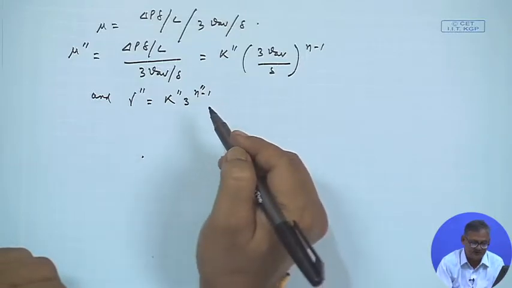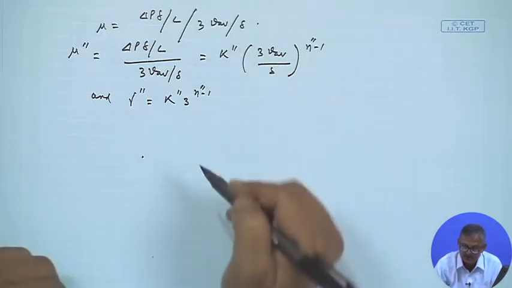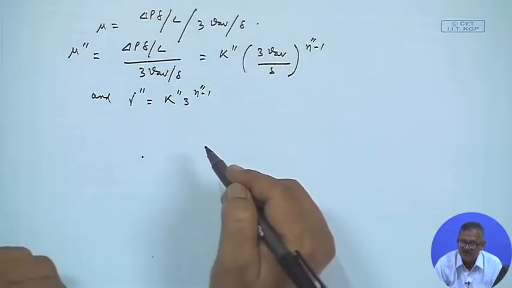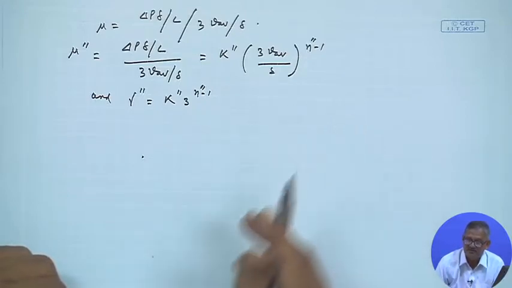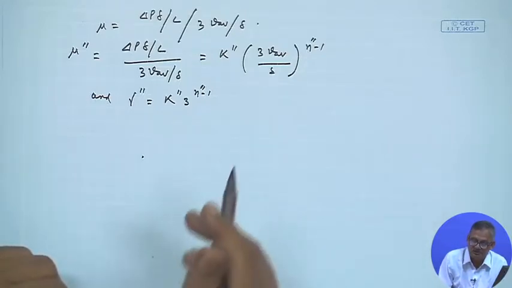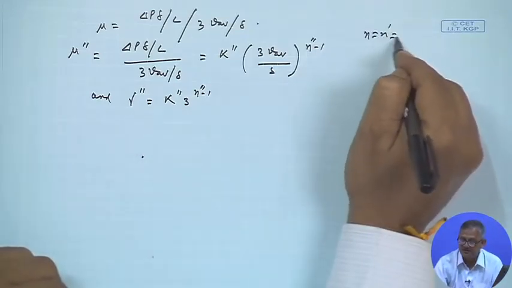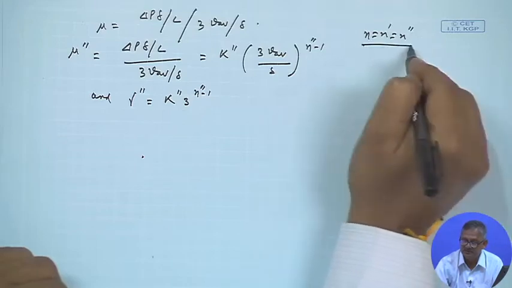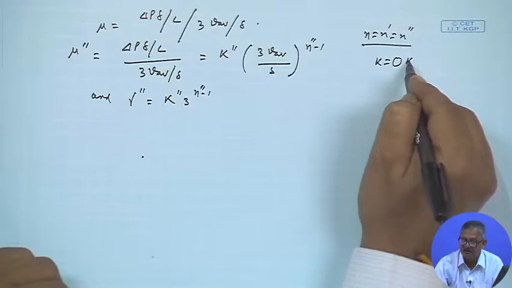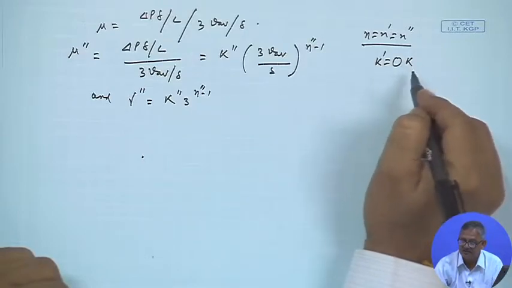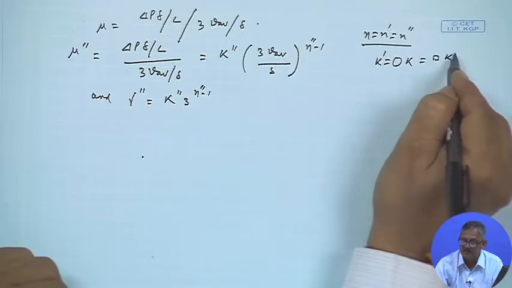Since it is k double prime, everywhere it should be double prime. Because n equals n prime equals n double prime, there is no change, but k is equal to something into k, k prime is something into k, and again another thing into k double prime.